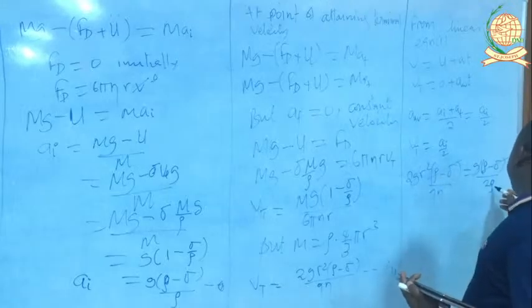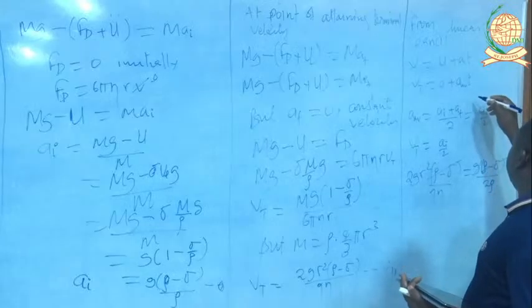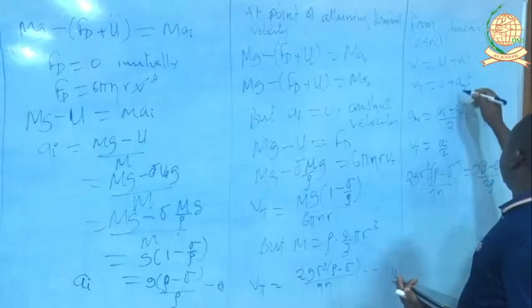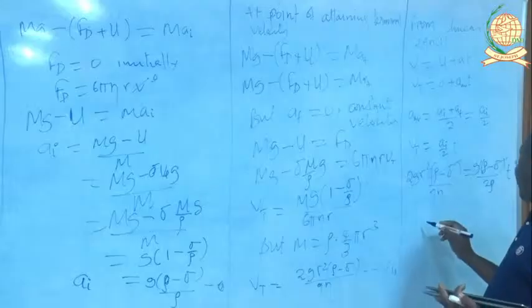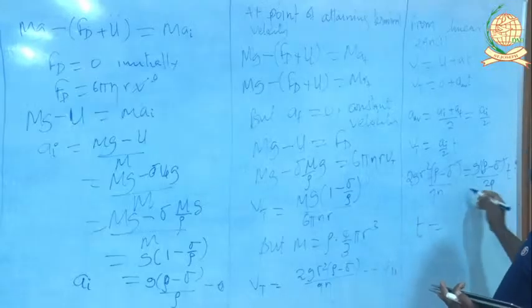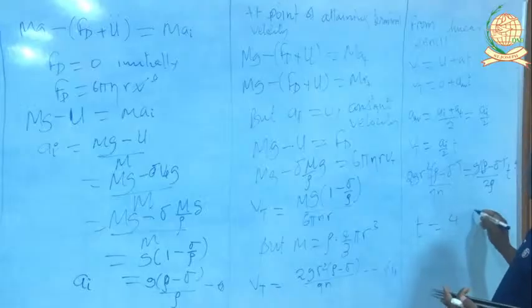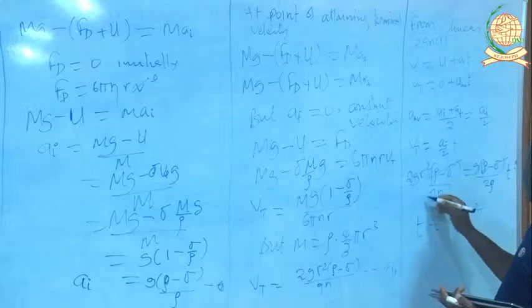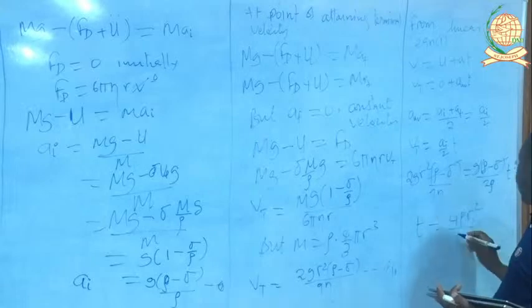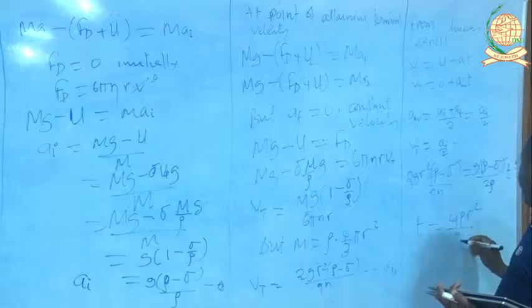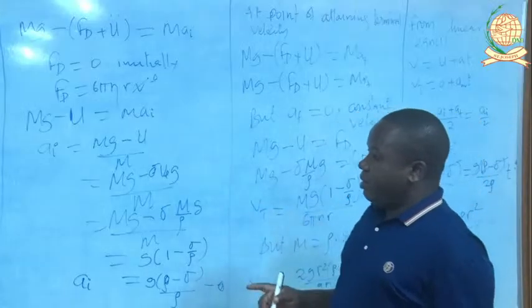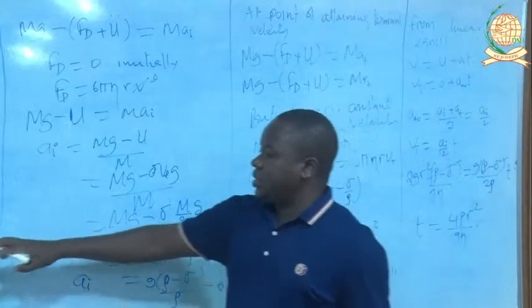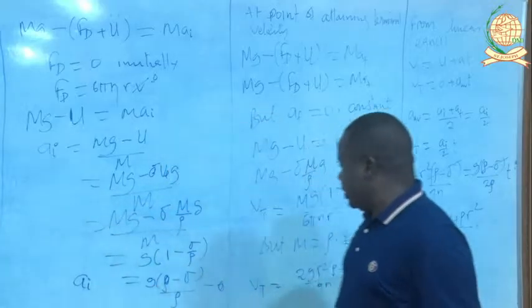What will remain? That means it is equal to 2 times t, so there is a t there. To make t the subject, t will be equal to 2 times 2, it is 4 r square over 9 eta. So this will be the time taken by the solid to move from point A to point B.